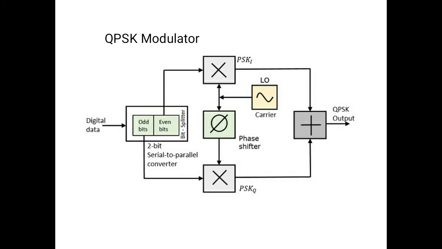After the bit is phase shifted to 0, 90, 270 or 180, depending upon the mode, the carrier will be added and output is given to this block to generate the final output.